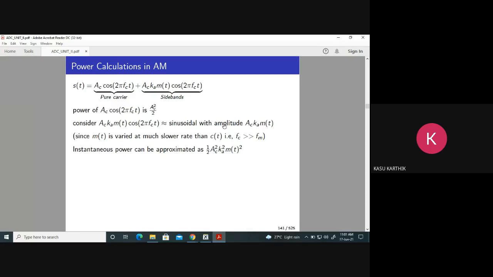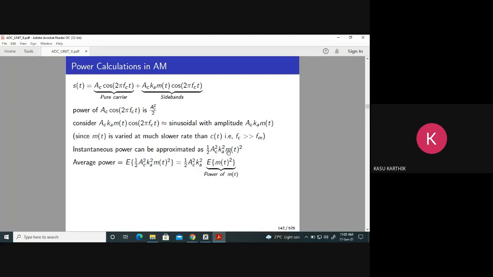Now, what would the power of the signal be? This is the amplitude of this cos term. Obviously the power is this whole square by 2, meaning Ac square Ka square m(t) whole square by 2. Because if Ac is the amplitude, what is the power? Amplitude square by 2. But we should take the average power, so you take the expectation. 1 by 2 is a constant, Ac square is a constant, Ka square is a constant, so you take the expectation of m(t) whole square.